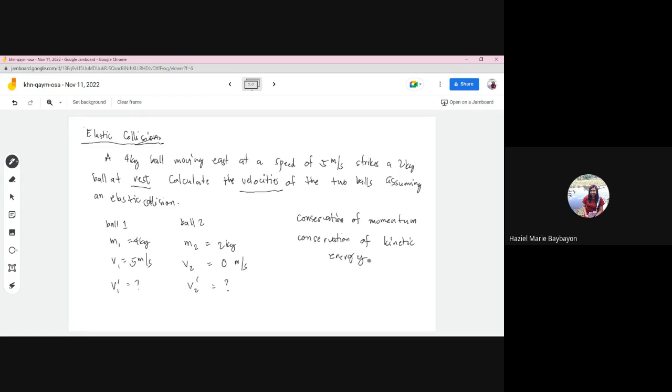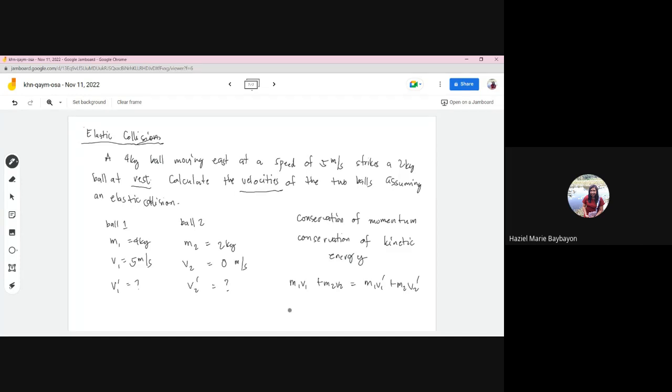So, since we need two equations, then we will use these two. So, what is the conservation of momentum? It is M1 V1 plus M2 V2 equals M1 V1 prime plus M2 V2 prime.